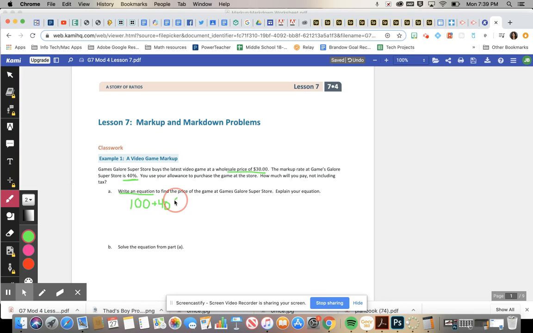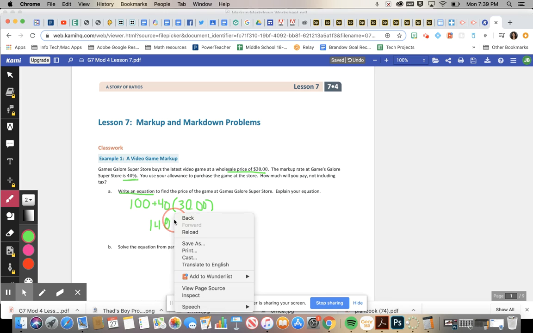And then we're going to times that by $30. Okay. And then to simplify here, 100 plus 40% is 140% times the 30.